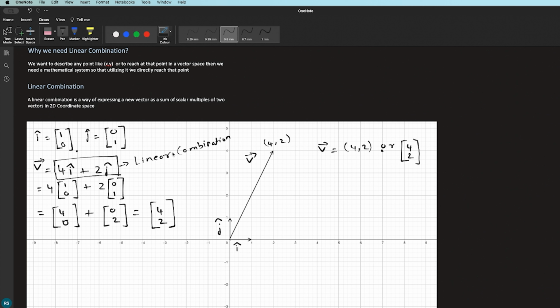Using a linear combination of the standard basis vectors i and j, we can reach any point in the 2D coordinate space.